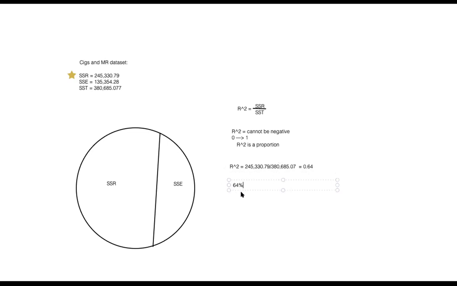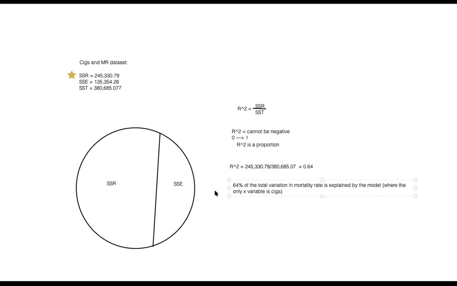So now let's interpret this. 64% of the total variation in mortality rate is explained by the model. And our model is composed of a single X variable, cigarette consumption.